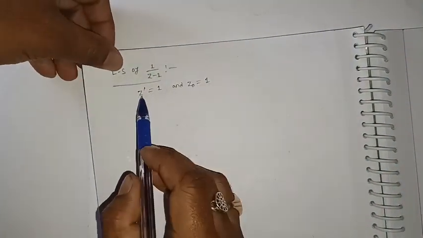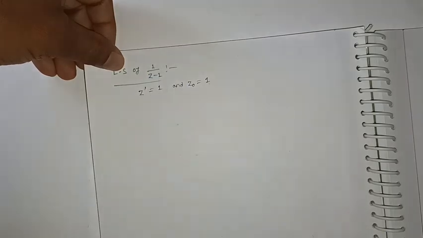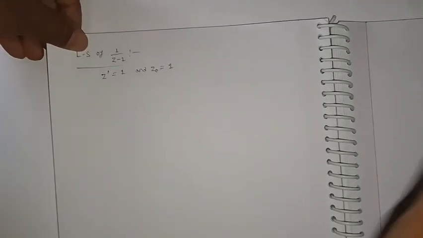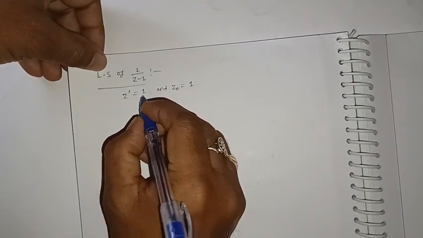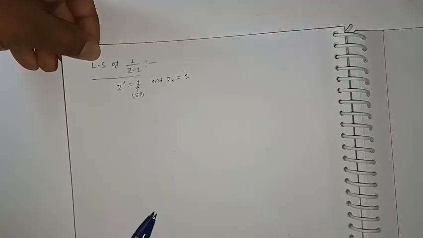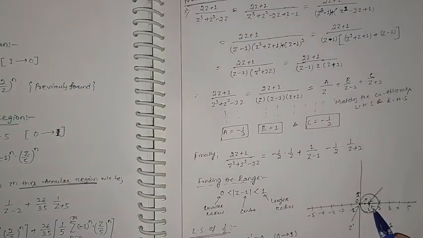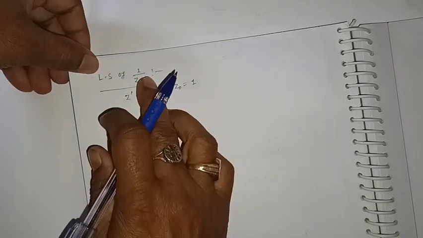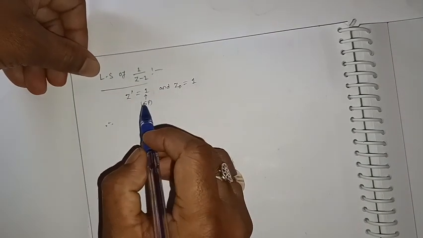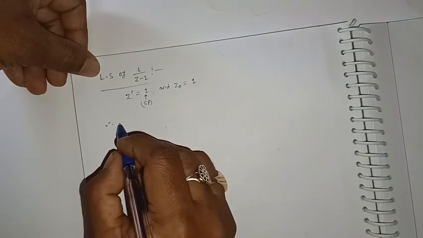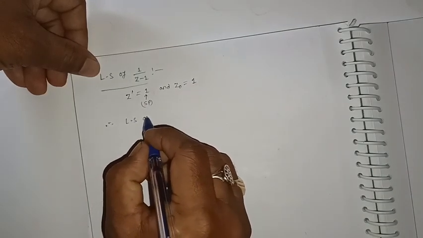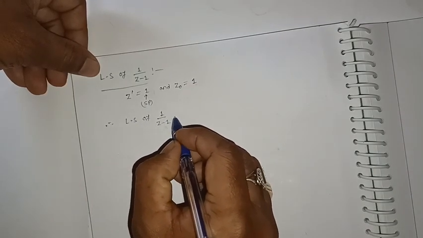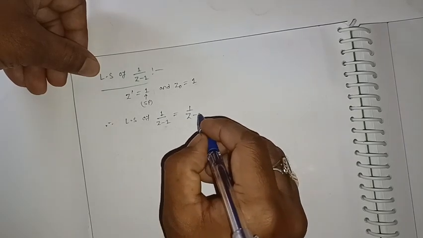Got it? If I put 1, this function could not be defined or is not analytic. That means it's a singular point of this function, right? And z0, we already know the center of the circle, is 1, right? So what will be its Laurent series? Here both z dash and z0 coincided. Therefore, the LS of 1 by z minus 1 will be itself, that is 1 by z minus 1.